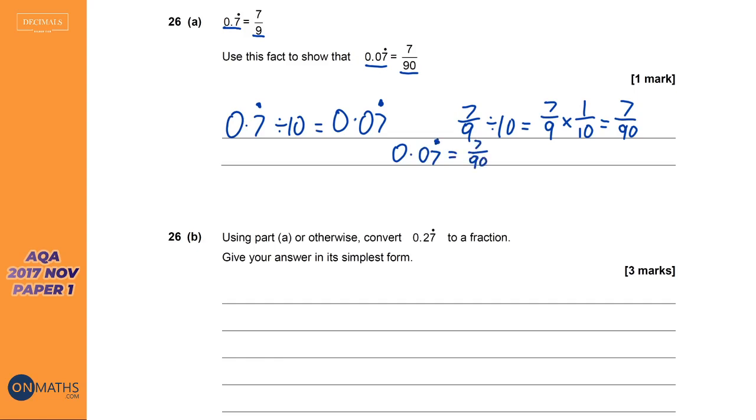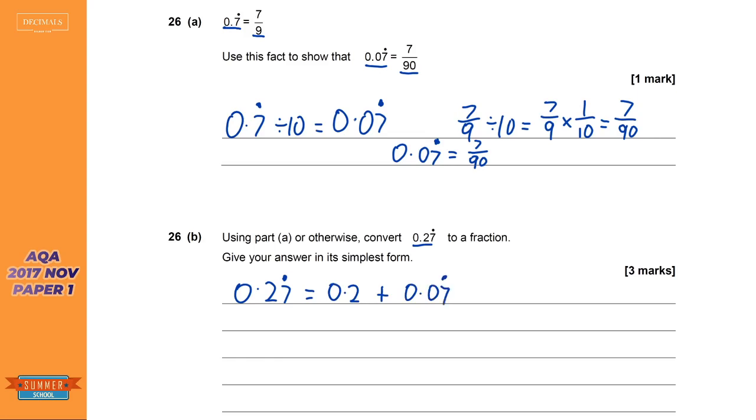Simple as that. Okay, the next question asks us to use the knowledge gained in part A and convert 0.27 recurring to a fraction. So the first thing to realise is that 0.27 recurring is just 0.2 plus 0.07 recurring.